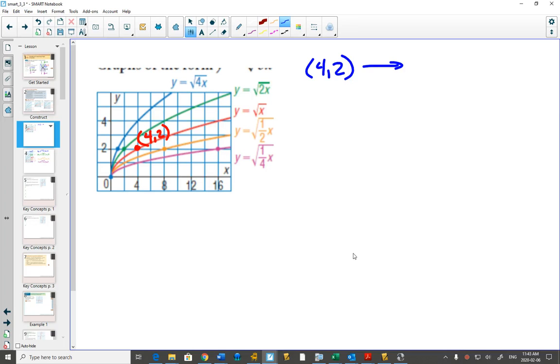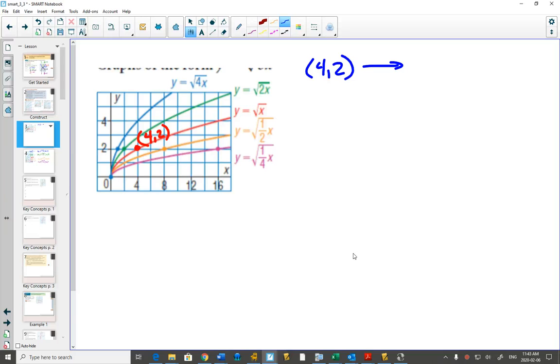It's going to affect my x-coordinate. And this is where things that happen inside sort of go against what your gut feeling is. Remember when it was plus 3? Your gut feeling said, I want to move it 3 to the right, but it was actually 3 to the left. The 4 inside here is going to make you want to multiply x by 4.